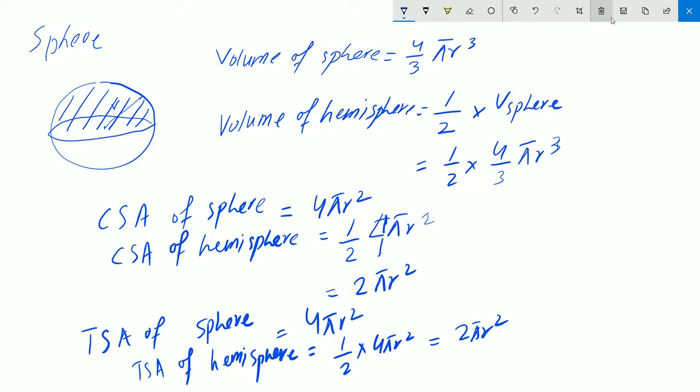But for this we also have to take into account its circular base, basically this area. So we add in pi r squared for the circular base. So we get 2 pi r squared plus pi r squared.